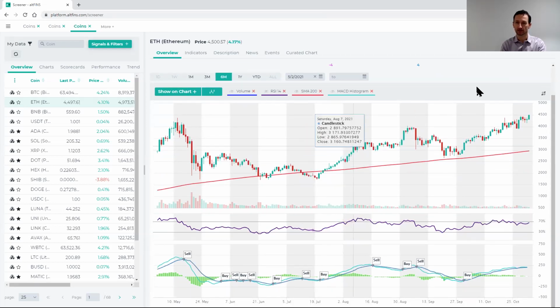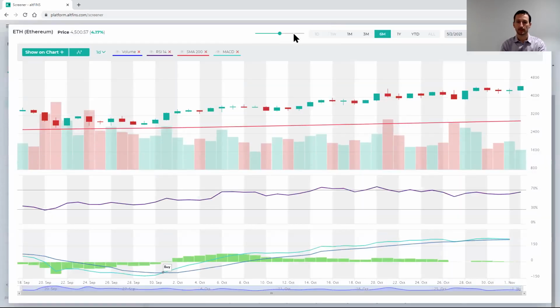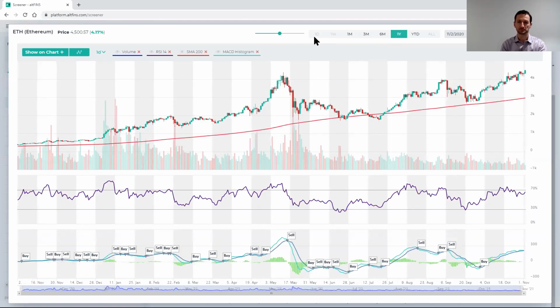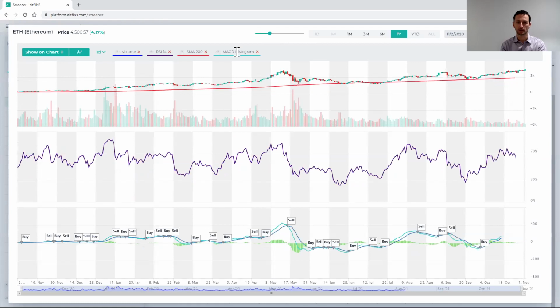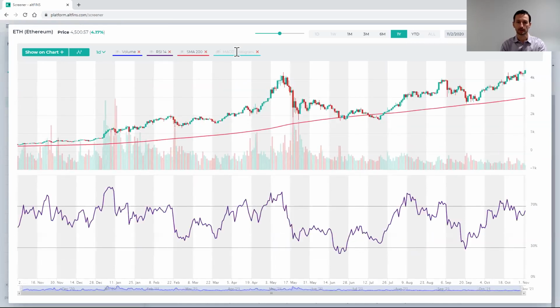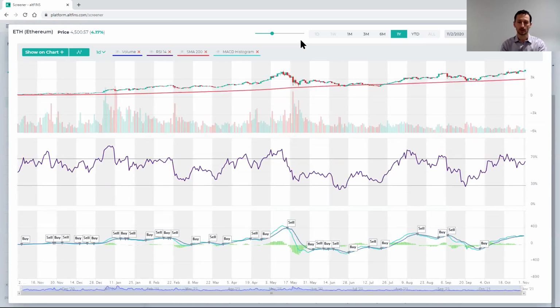Let's open up a bigger picture here, and we'll make the price chart smaller to make the RSI bigger. And in fact, I need the MACD. Okay, so let's go through this chart, maybe a 6-month chart.